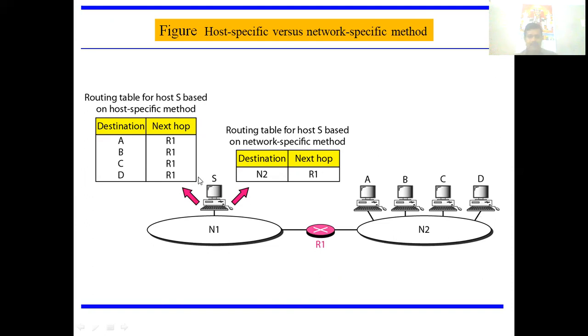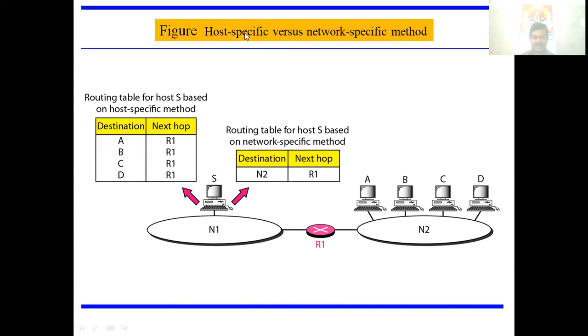The routing table based on the host specific method is: for A it has to pass through R1, for B it has to pass through R1, for C it has to pass through R1.